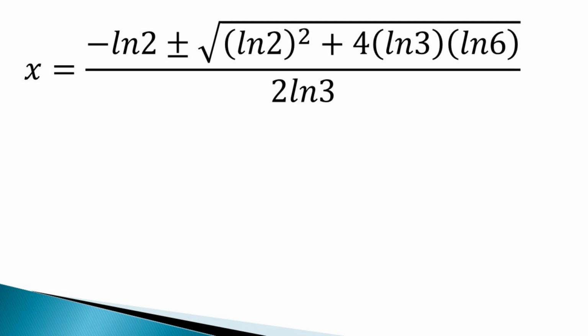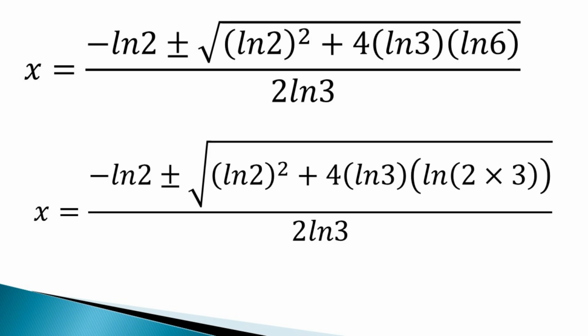Now we express 6 as 2 into 3, and the expression for x becomes x is equal to minus ln 2 plus minus under root ln 2 whole square plus 4 ln 3 into ln of 2 into 3 divided by 2 ln 3.